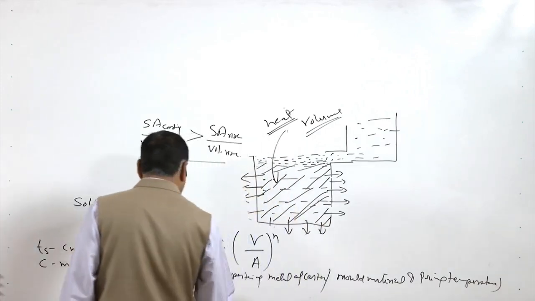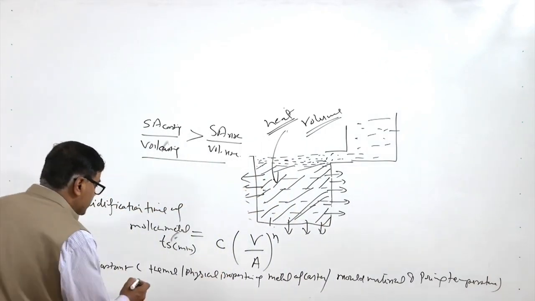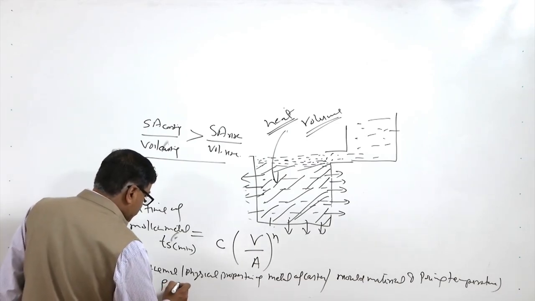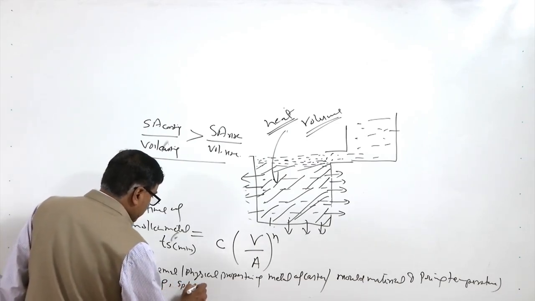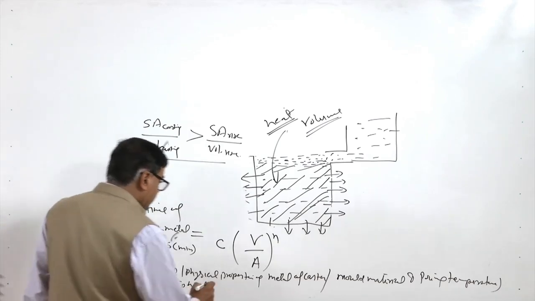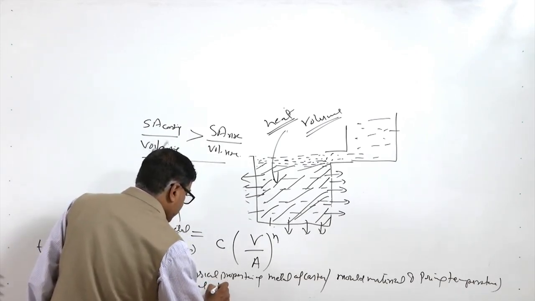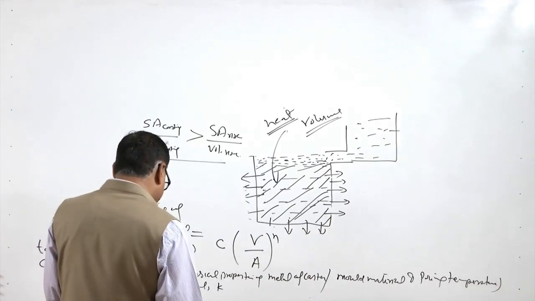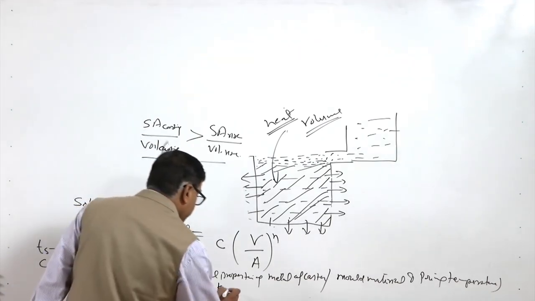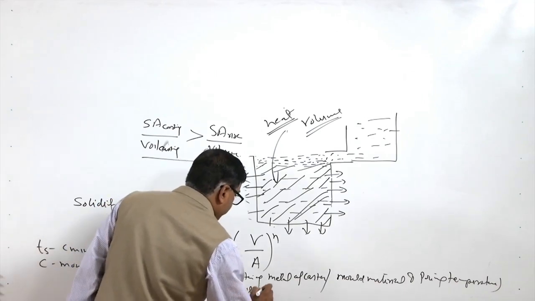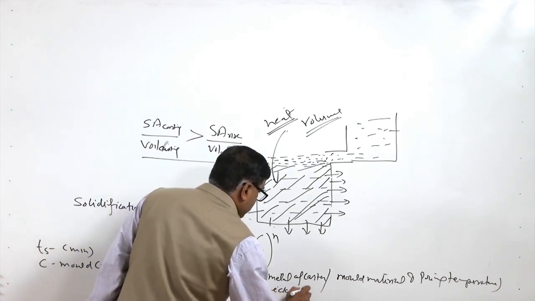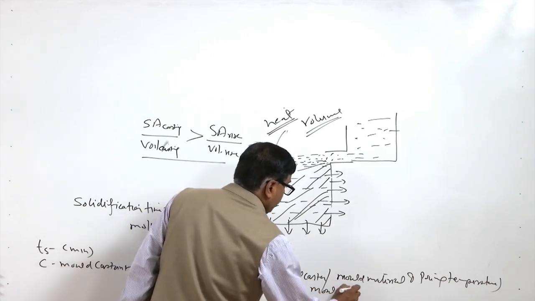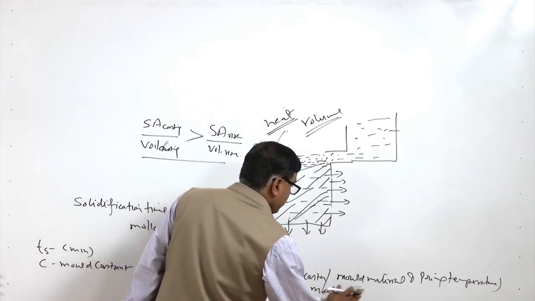These are the factors which will be affecting it. Among these mainly are the density rho, the specific heat, and the thermal conductivity of the metal of the casting as well as the mold, and the wall thickness of the mold.